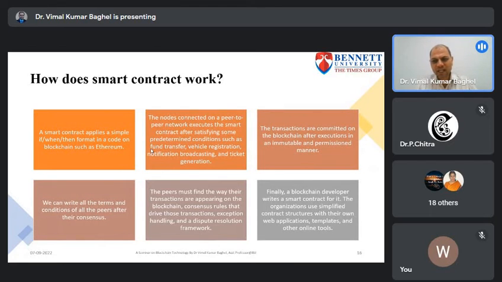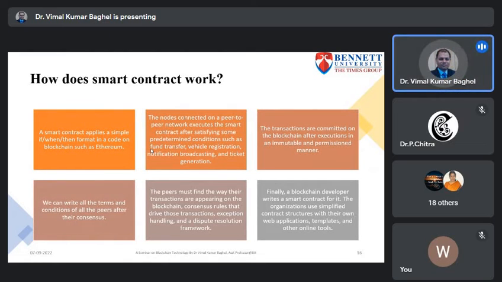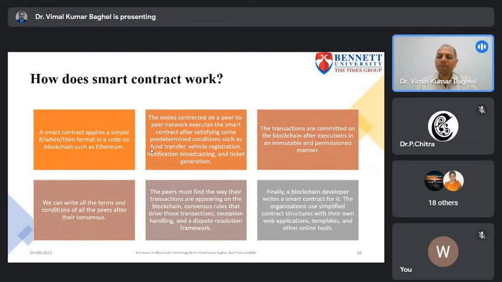So the transactions are committed on the blockchain after execution in an immutable and permissioned manner. Maybe we have a permissioned blockchain, or maybe there can be a public blockchain also, where every peer is not dependent upon any other peer. But in a permissioned blockchain, we still have some kind of authentication mechanism, with the help of which only approved nodes can join or leave the blockchain.